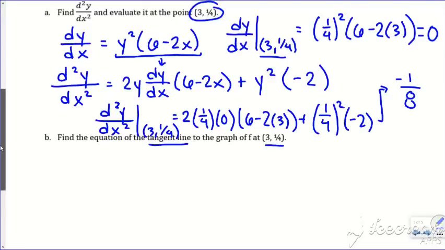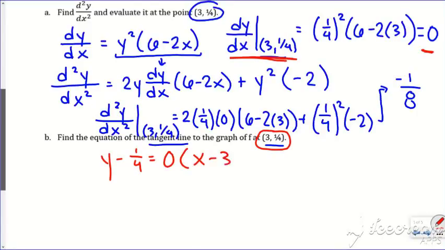Well, for the tangent line, I need a point, which I have, and I need the slope at that point, which I also have up here. That slope is 0. So if I'm going to write my equation in point slope, I'm going to have y minus 1/4 equals, slope is 0, times (x minus 3). So if I simplify, I'll really just get y equals 1/4, okay, a horizontal tangent line.